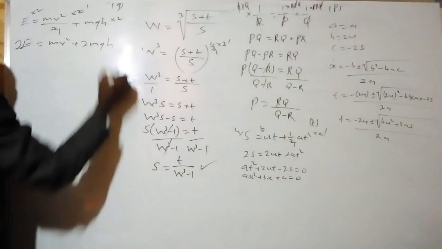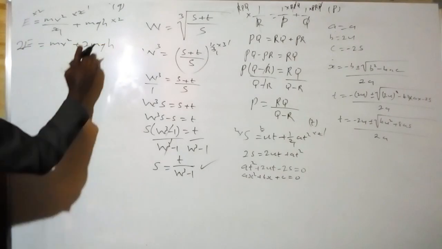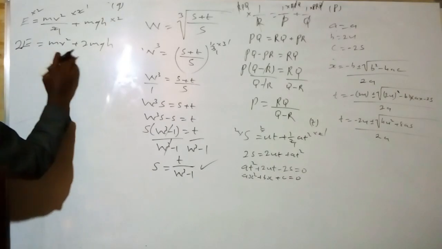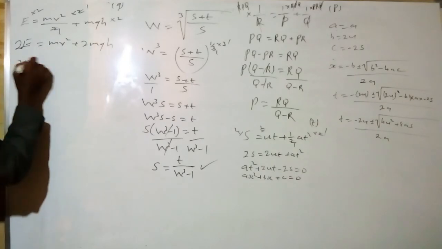We want to make g the subject of the formula. We can take our known values without g from right to left. 2E minus mv squared is equal to 2mgh.